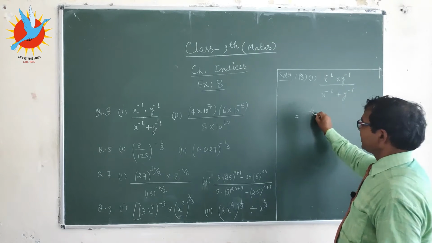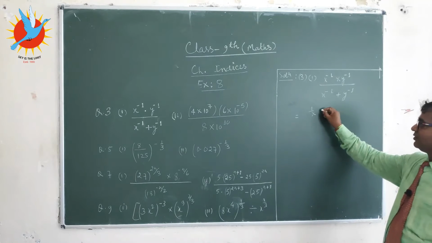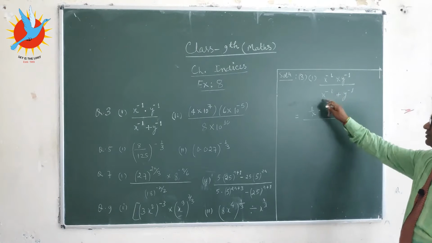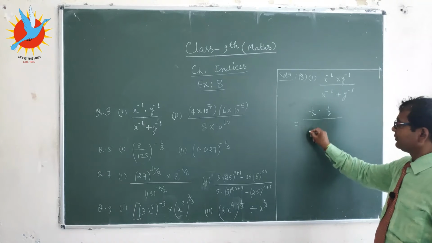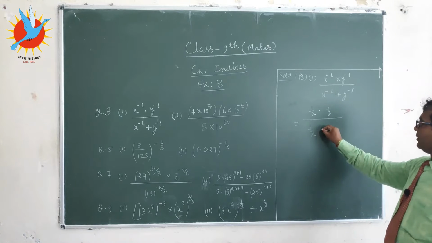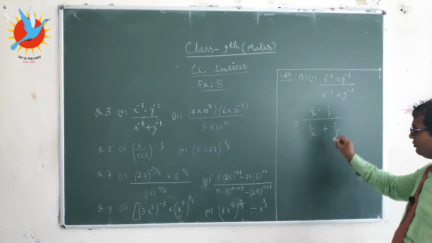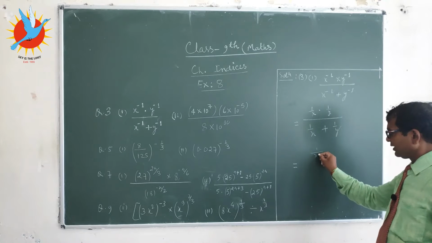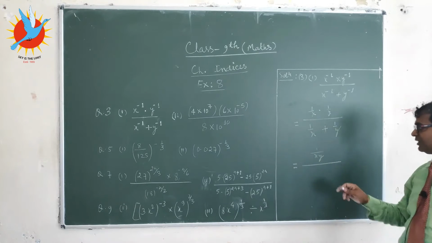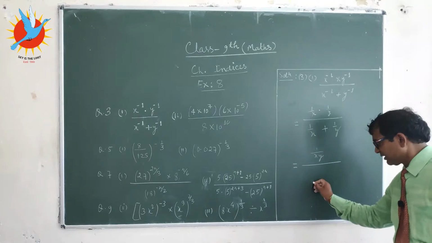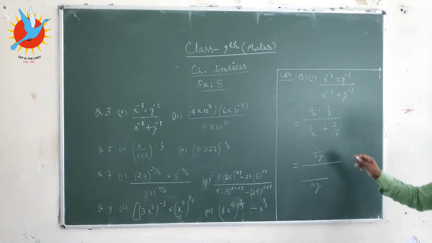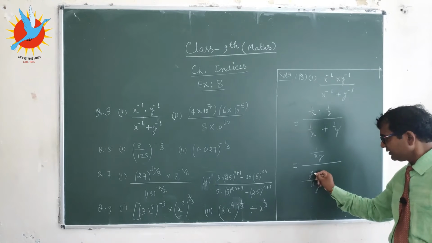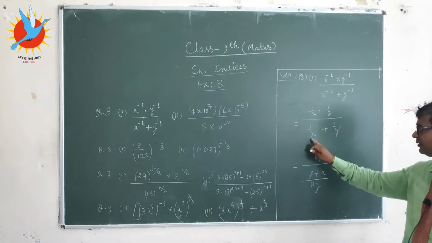This will become 1 upon x and this will also become 1 upon y, and in a similar fashion this will be also 1 upon x plus 1 upon y. Now multiply this, we have 1 upon xy over LCM of x and y, which becomes xy, multiply this to this and this to this, we have y plus x, y plus x.